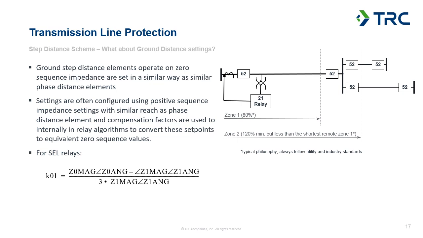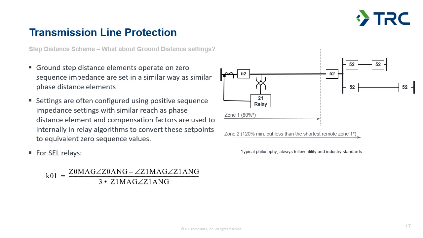In most relays, the settings for ground distance elements are configured using the same positive sequence impedance settings as we calculated for phase distance elements. This is done mostly for simplicity. It allows you to see the equivalent reach of your phase element versus your ground element. You're going to be basically seeing the exact same settings of 2 ohms and 3 ohms for zone 1 and zone 2 that we calculated.